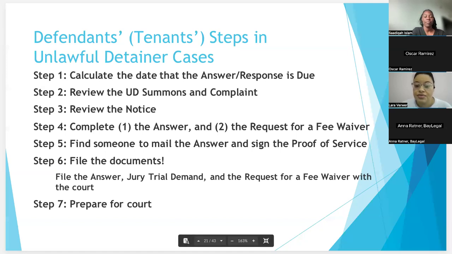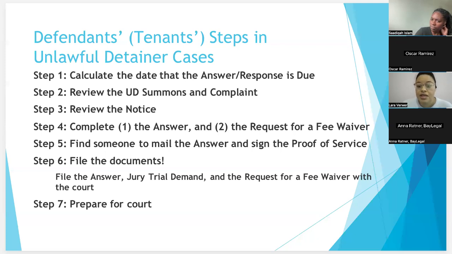Step three is reviewing the notice. So Anna went through an overview of types of notices, what notices are correct notices, what notices can be incorrect. Because that notice is that first step of the unlawful detainer process, and if the notice is incorrect, then that can give a defense to a tenant to the entire unlawful detainer lawsuit and really help them preserve their housing or housing stability, at least for a little while, if a notice is found to be incorrect or if there are any defects in that notice.